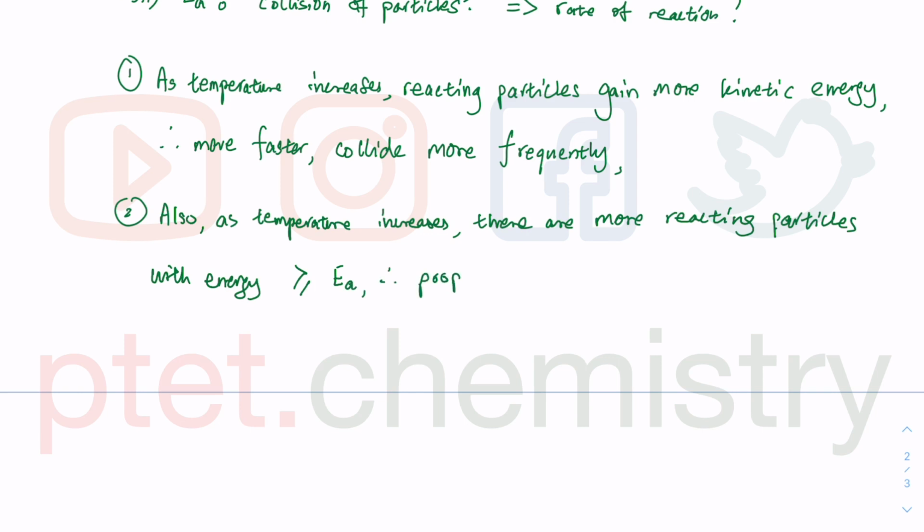Therefore, proportion of effective collisions, so you can say more effective collisions. I'm going to use the idea of proportion of effective collisions increases, therefore rate increases. All right, and that's the end of that 14-mark question. So it's all about rate of reaction.